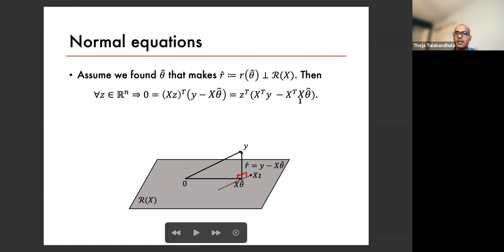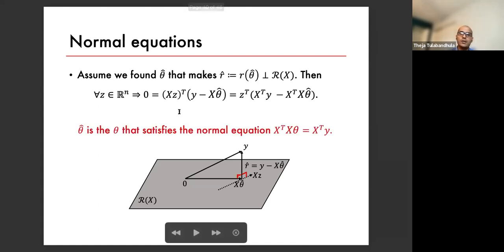This is just a reduction from identifying that if r hat is perpendicular, then for any z, this equation is true: 0 equals z transpose times (x transpose y minus x transpose x theta hat).